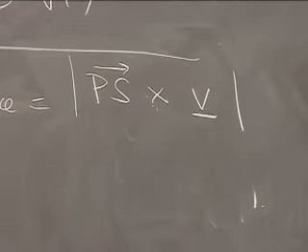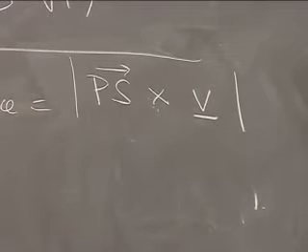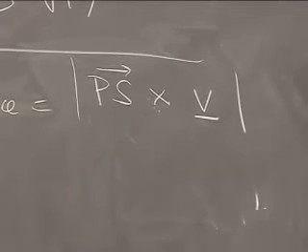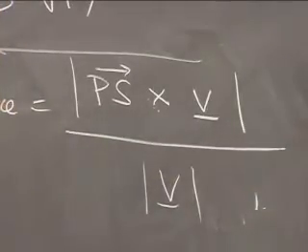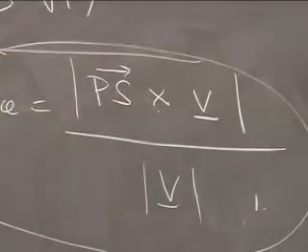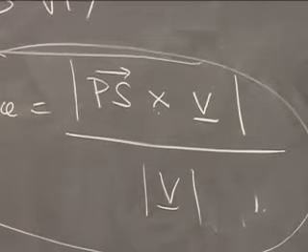That would be the length of PS times the length of V times sine theta. But we just want PS sine theta, so we actually have to divide by the length of V. So that's the lightning fast derivation of this formula. We want PS sine theta, so we take the cross product, take its length, and divide by V.